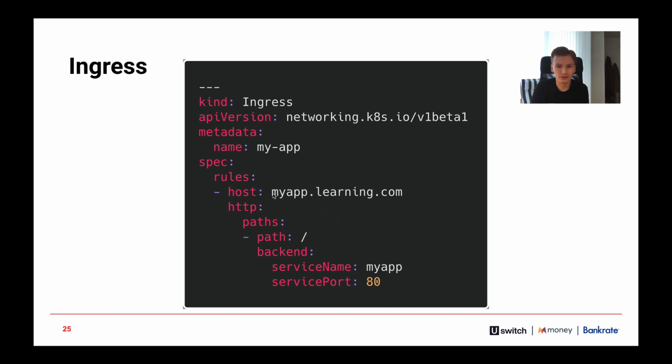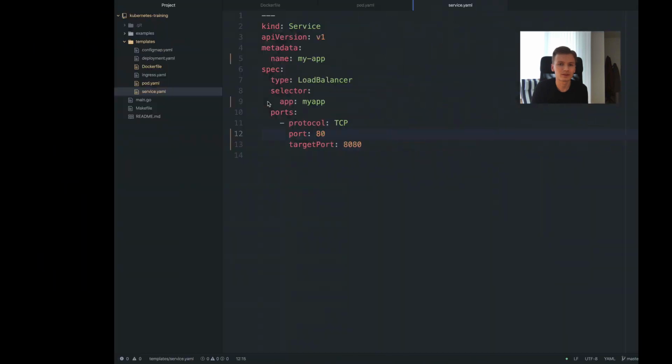So you have a host, like a host name. You then map to a path. In this example, it's just going to path /, so we're telling it to route all traffic through here. And it will go to a service name behind the scenes. This maps back to a service and onto a specific port on that service.